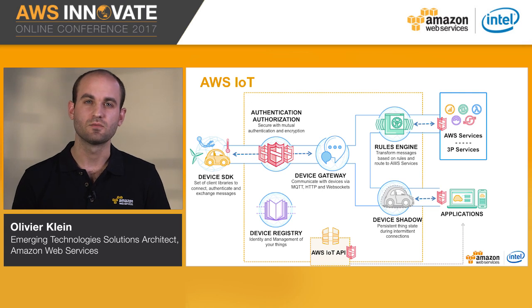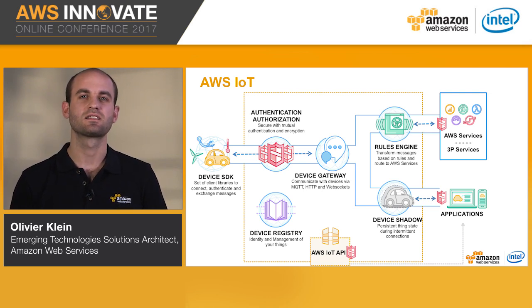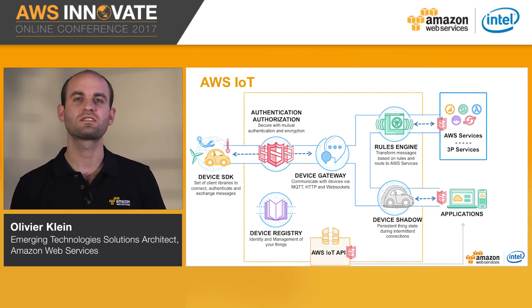The ability to register devices and have those talk to AWS IoT using our device SDKs. The rules engine to transform any message based on rules and route them to other devices, AWS services, or even third-party services. And lastly, the device shadow, which allows you to persist thing state during intermittent connectivity.